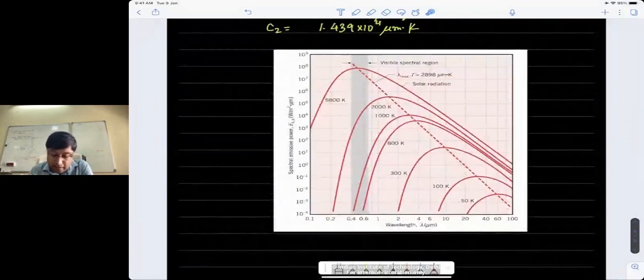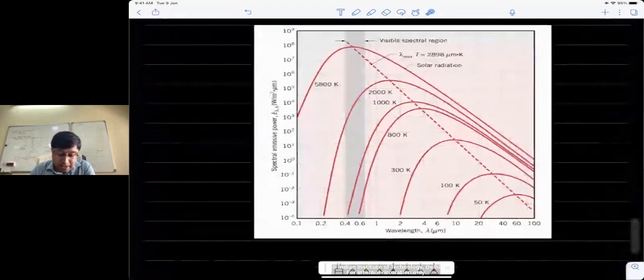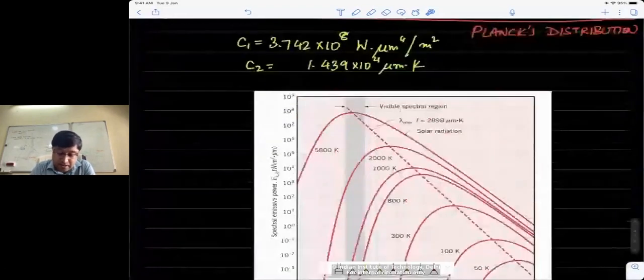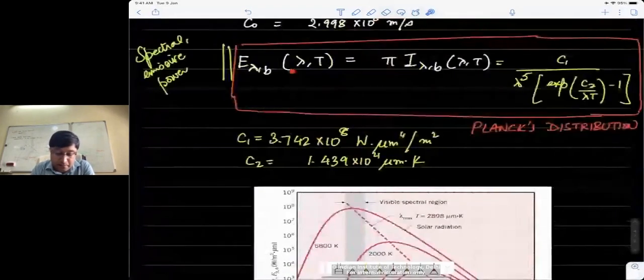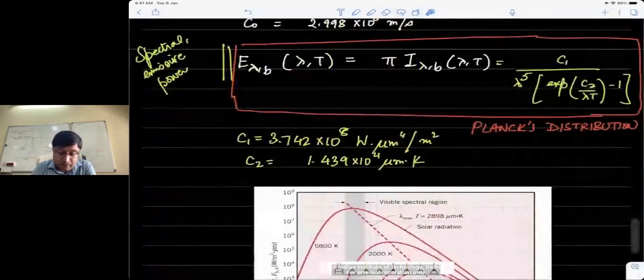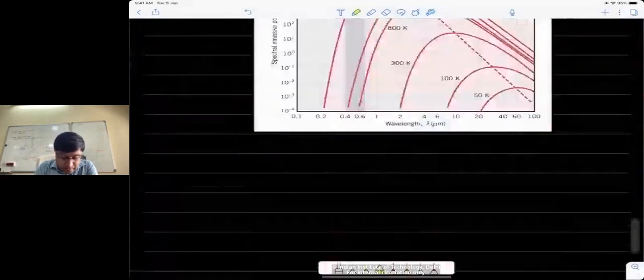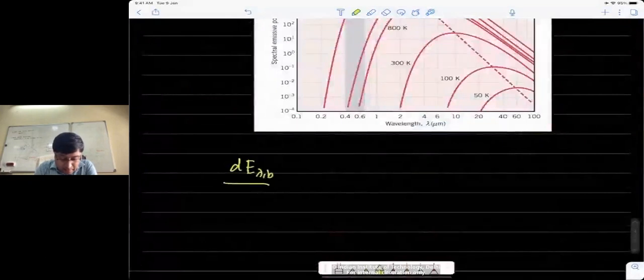To obtain the wavelength at which maximum emission occurs, we just use this distribution and differentiate it with respect to lambda. So we say that d E lambda b by d lambda is 0.